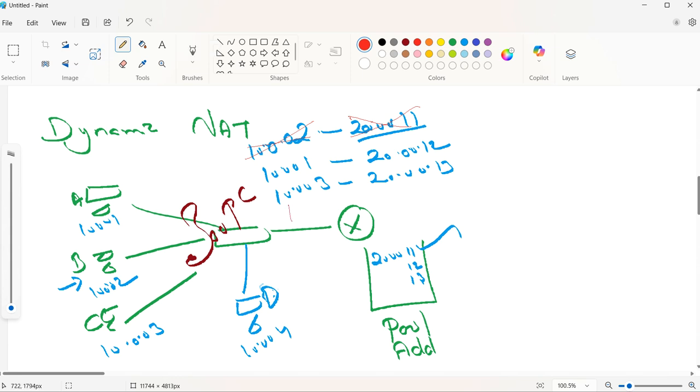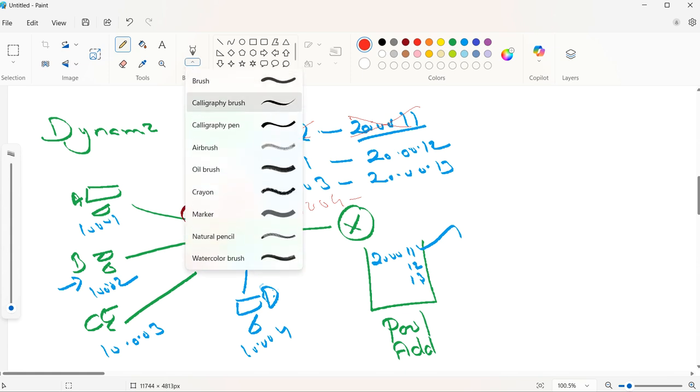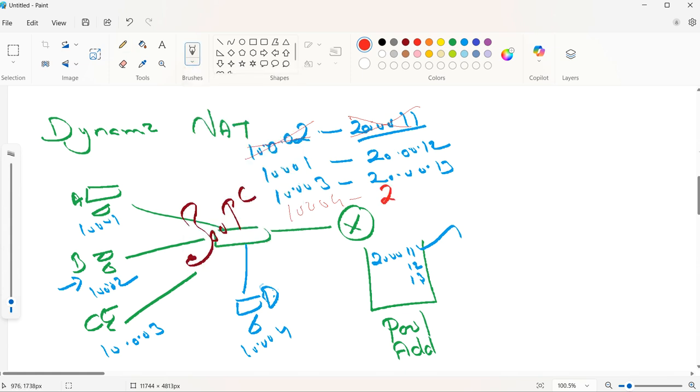So now 10.0.0.4 is going to use 20.0.0.11. Listen carefully. Earlier B was using it, but now D is using it. What do you understand? From outside, if someone wants to talk to D, they don't know what address to talk to, because the address will keep on changing.